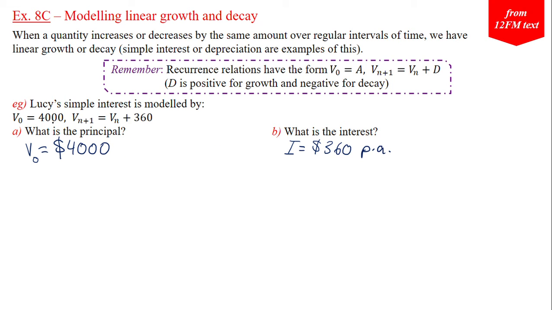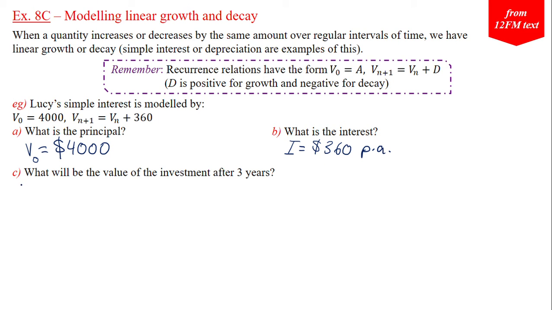We're assuming per annum because in any financial situation we're assuming years. Also, $360 would be far too much to be earning in less time than that, so we're going to assume per annum, okay? What will be the value of the investment after 3 years? And this kind of confirms as well that we're looking at per annum.